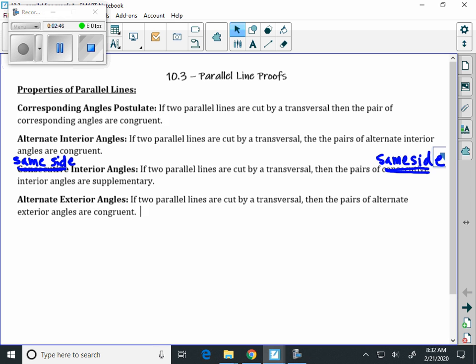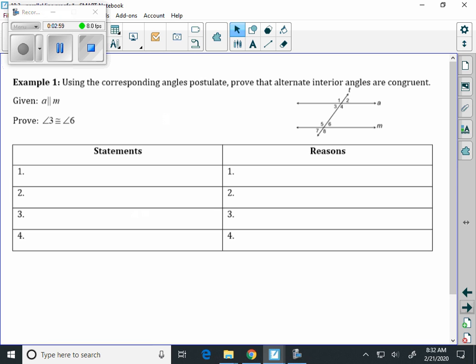What that means is if two parallel lines are cut by a transversal, then the pairs of same side interior angles are supplementary. Again, it's interior, so it has to be in between the parallel lines. If we take a look at this one, then angle 3 and angle 5 are same side interior.